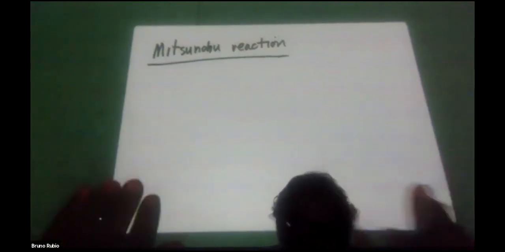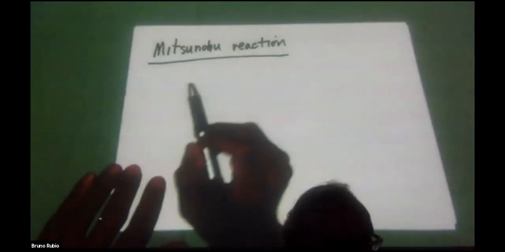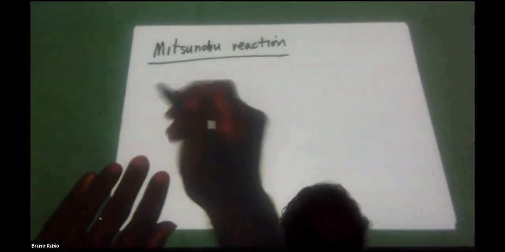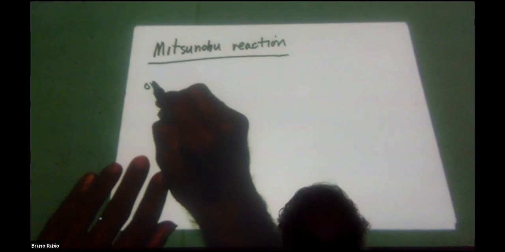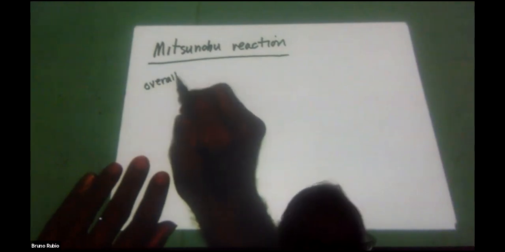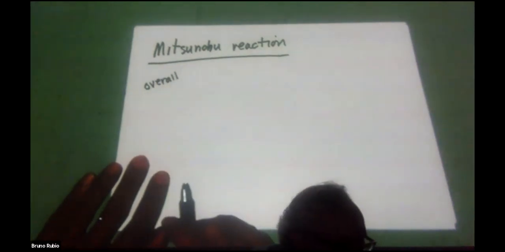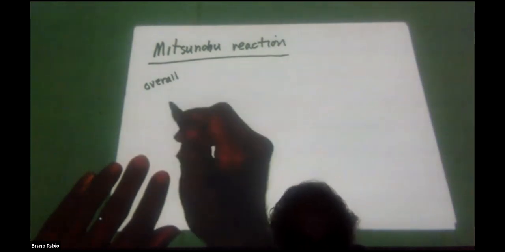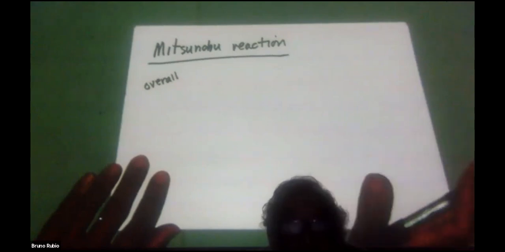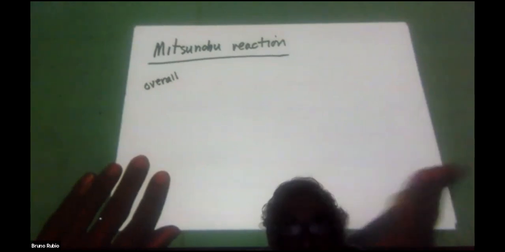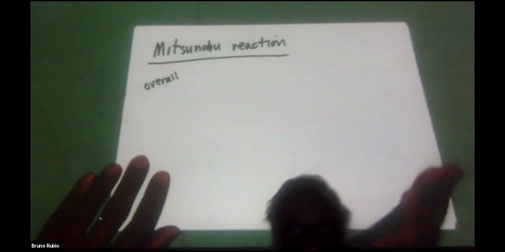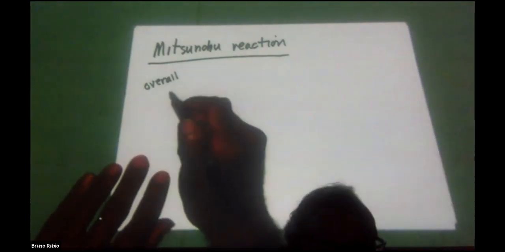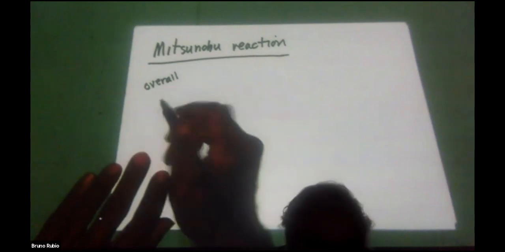All right. Mitsunobu reaction. Overall reaction. Okay, so this has inversion in it, just like Darzens halogenation. So I'm going to write something that looks like this.